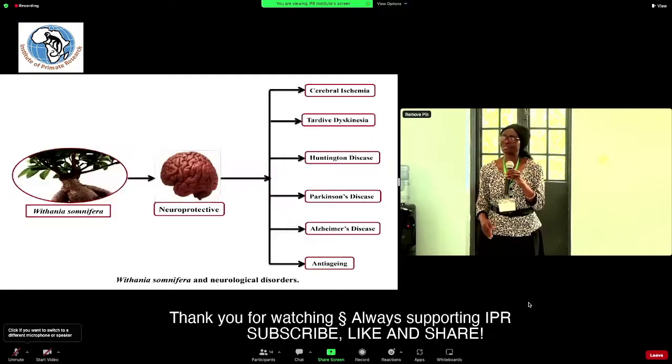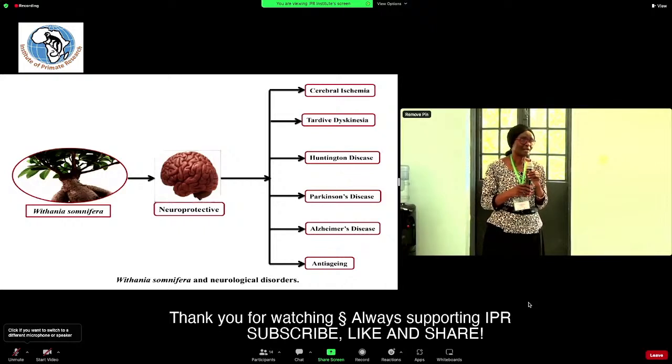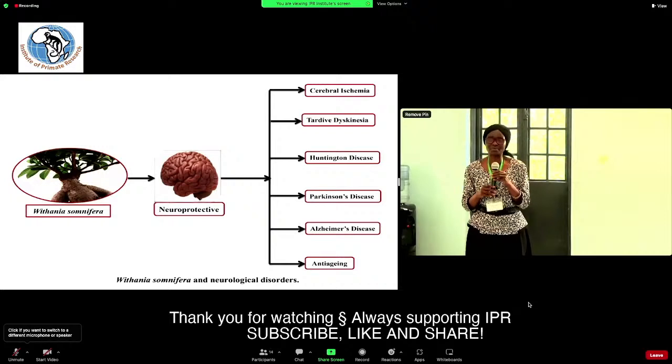Next. So this is just to show again the plant itself, the neuroprotective effect that it has, not just on Parkinson's disease, but on other neurodegenerative disorders that you can identify with, including Parkinson's disease, as well as aging, where it can be used.